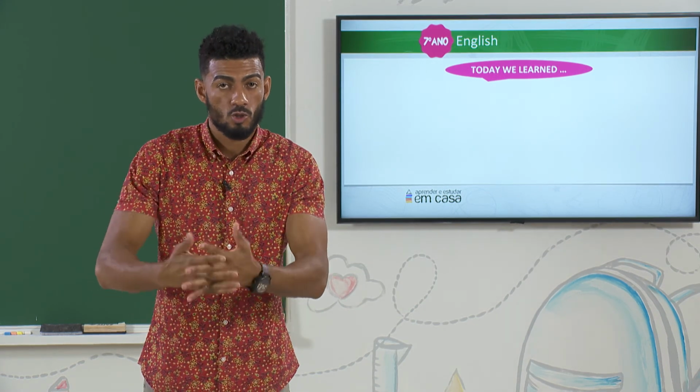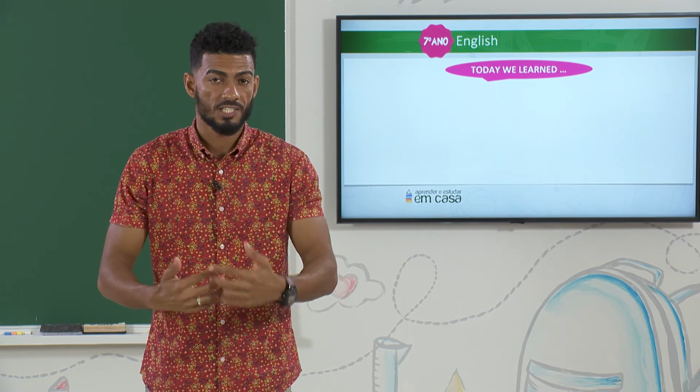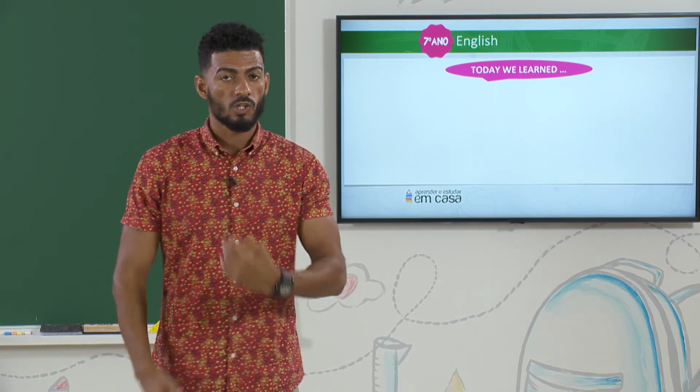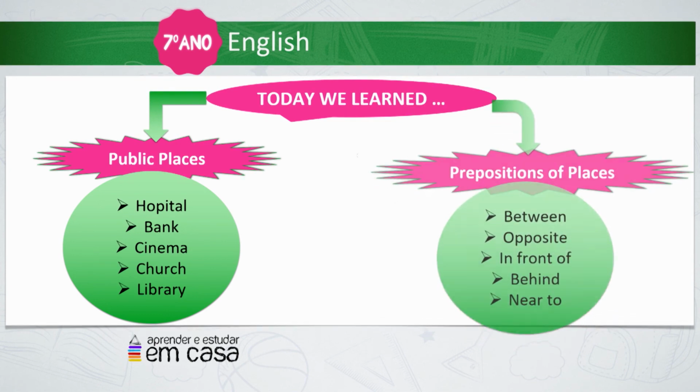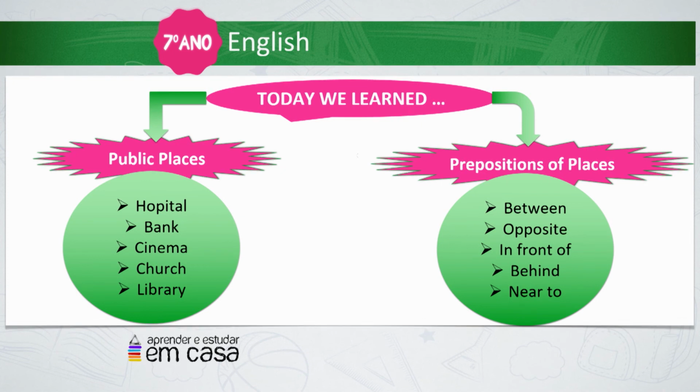Before we go to the end, let's see what we learned today. So, today we learned about public places, for example, hospital, bank, cinema, church, and library. On the other side, we saw prepositions of place.